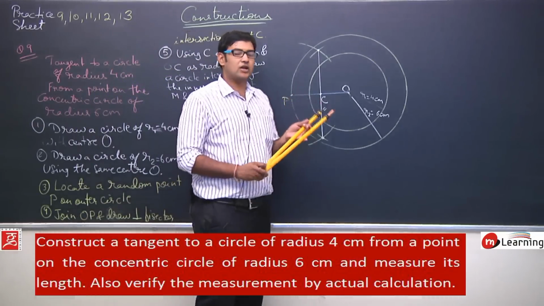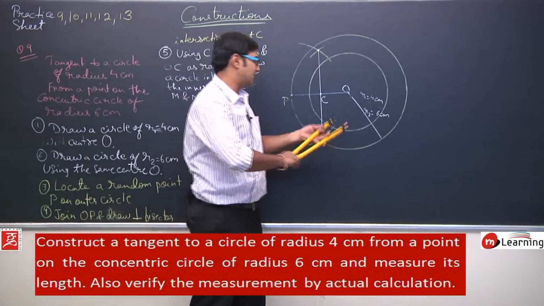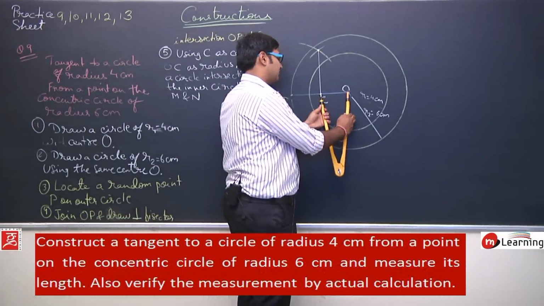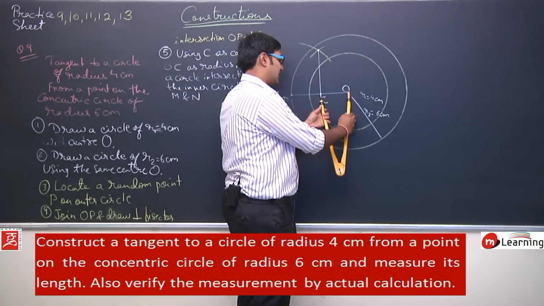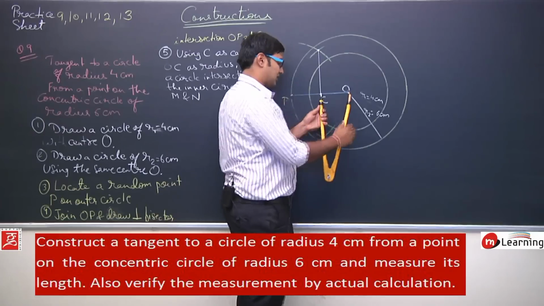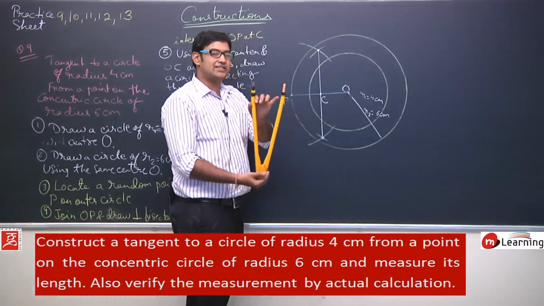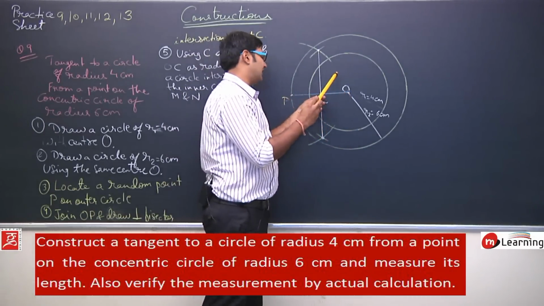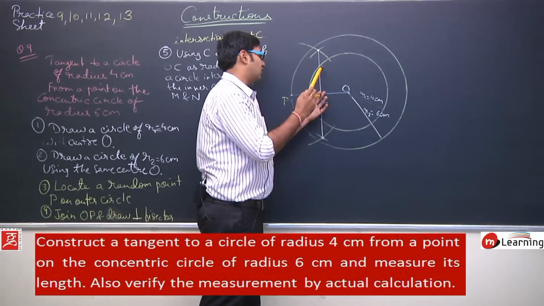So let's see how to draw this. I will put the needle of the compass at point C and I will measure this radius OC. Okay, this is OC. So using this length, I will put the needle at point C and draw a circle.